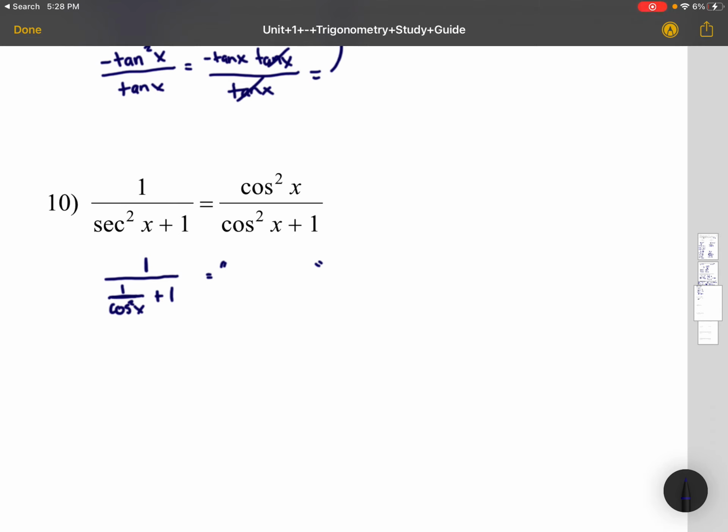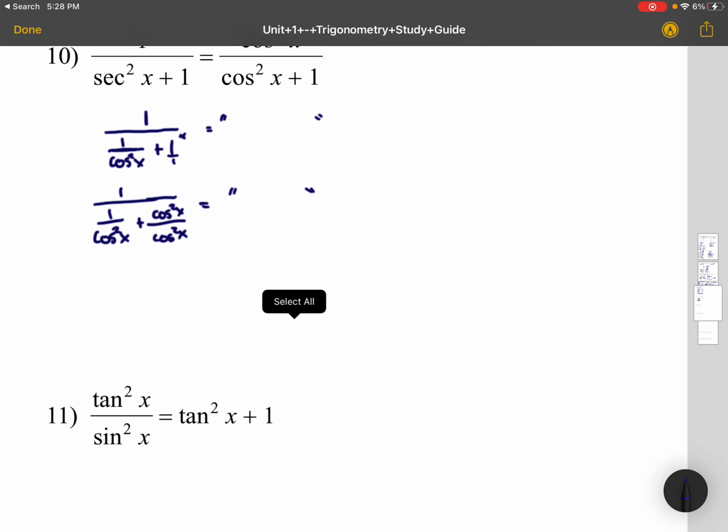If we get a common denominator, that means we need to multiply by cosine squared in the numerator and denominator of that fraction. So we get 1 divided by 1 over cosine squared x plus cosine squared x over cosine squared x. And that supposedly still equals what we have on the right.